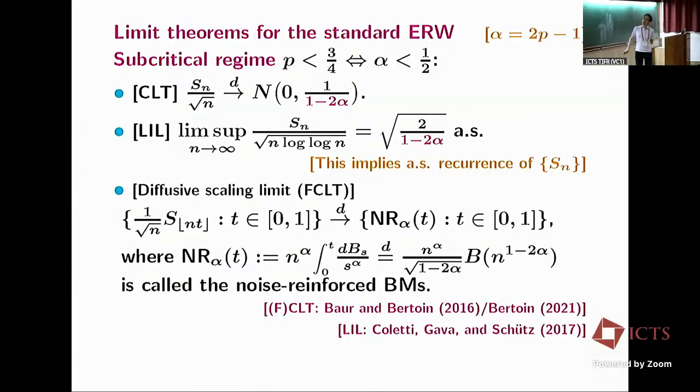In that paper, he named this process the noise reinforced Brownian motion. The LIL was obtained by Coletti. And this limiting process will appear in the repelling random walk, which I would like to talk about.